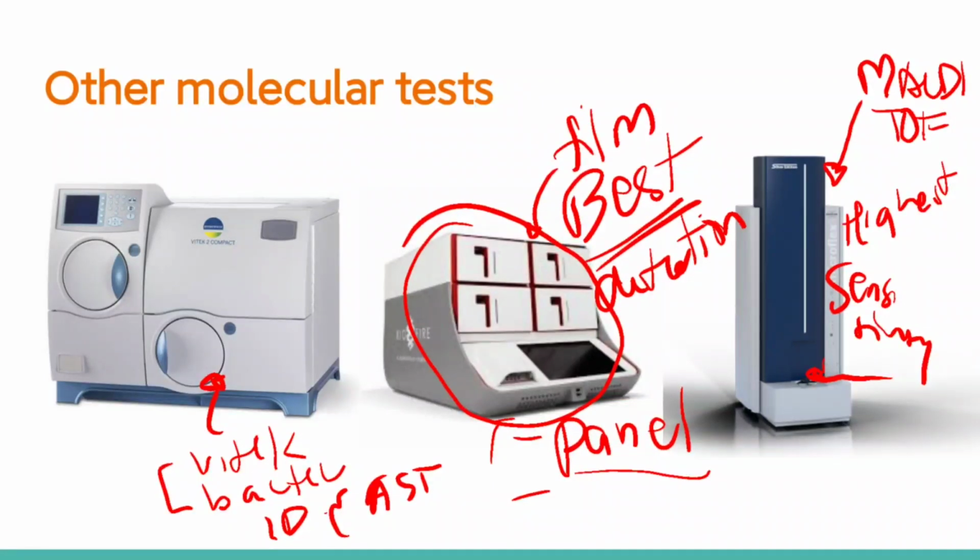Bakit highest sensitivity? Kasi this one has the highest confidence rate sa identification ng kanyang microorganism. Okay? So, kaya niyang i-detect yung microorganism with the highest confidence level and the highest sensitivity.